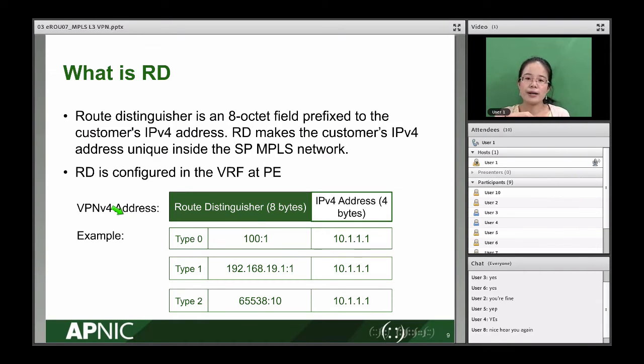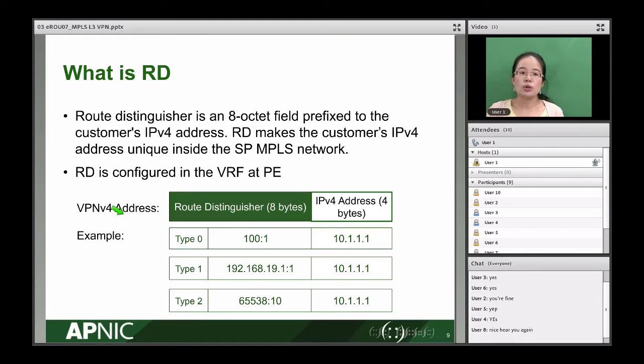Maybe you have VRF A, B, C, D, different VRFs on one device, and the RD should be different between them. On the other device, for the same company, normally we configure the same RD because they are for the same VPN. But even if you configure a different RD, it doesn't matter because the matching is based on the RT information.